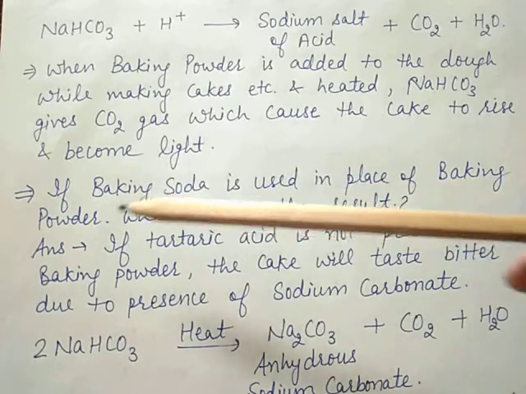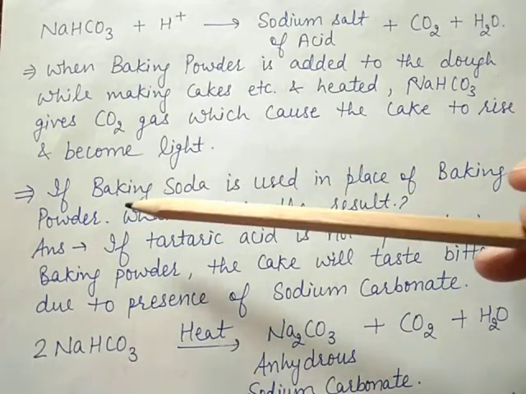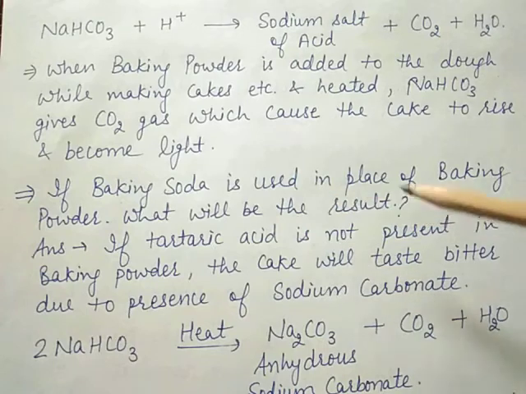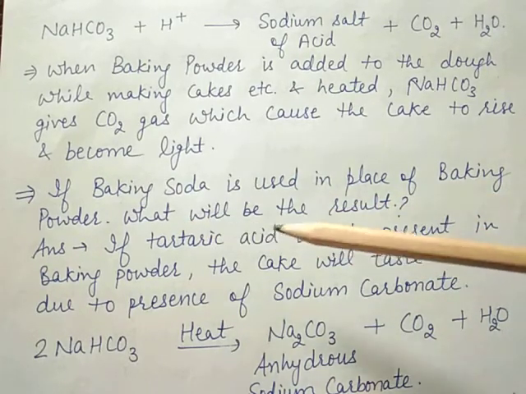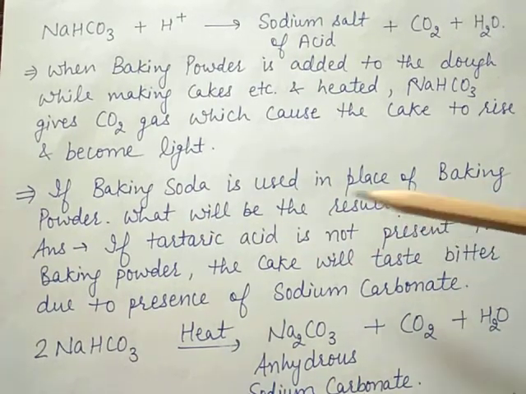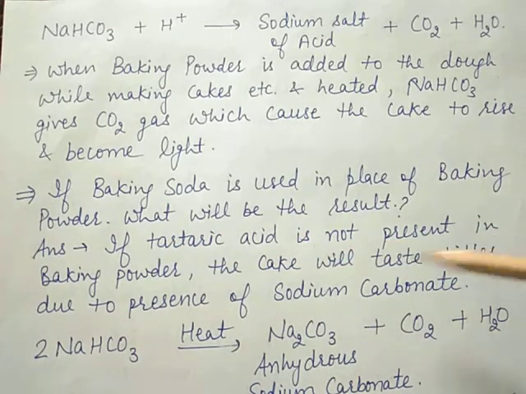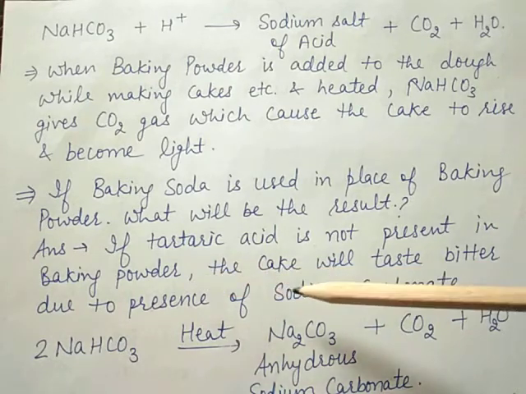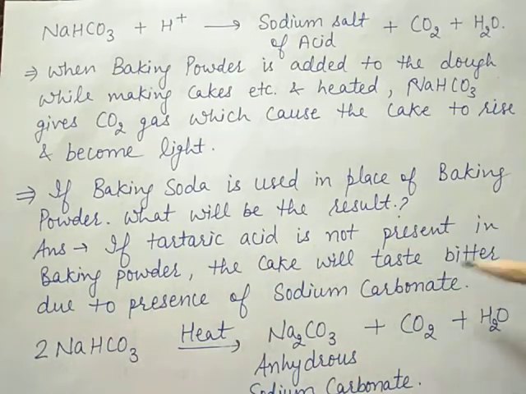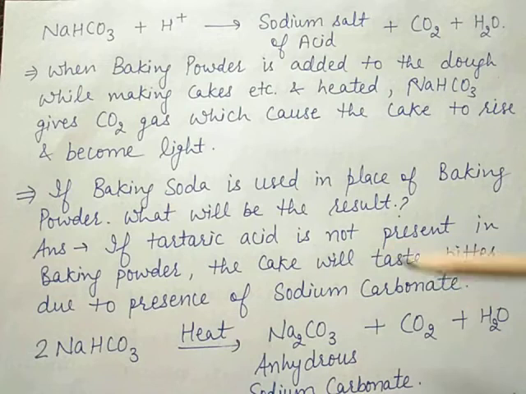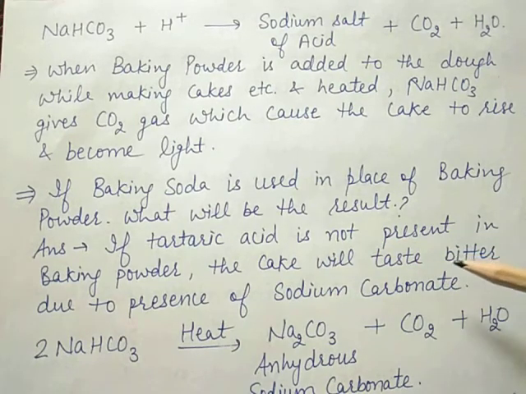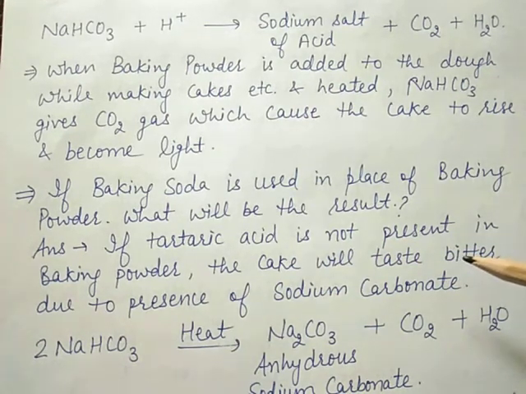So one question arises from it: if baking soda is used in place of baking powder, what will be the result? If tartaric acid is not present, then the cake will taste bitter due to the presence of sodium carbonate, which has an injurious side effect.